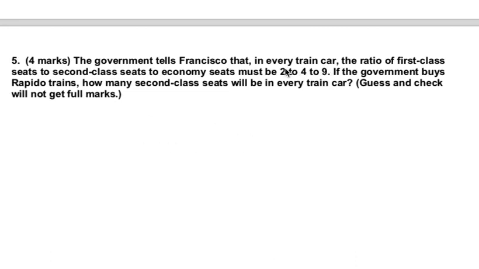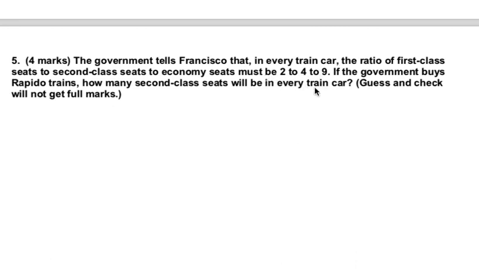Say to yourself, all right, in every packet of 15 seats on this car, there's going to be 2 of them that are first class, 4 that are second class, and 9 that are economy. And so you say to yourself, if there are packets of 15, and I know that there have to be packets of 15, then that's kind of a reassurance as to what the possible numbers of seats might be.